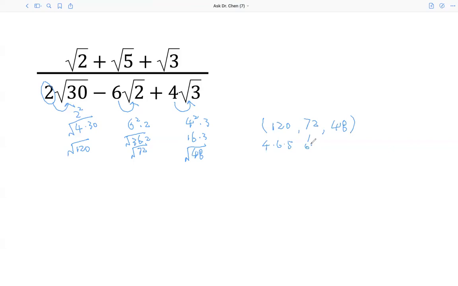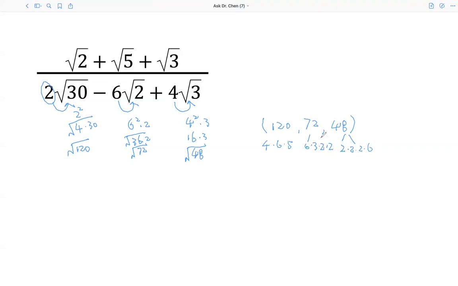Or 6 times 3 times 2 times 2. So 3 times 6 is 18, 18 times 2 is 36, 36 times 2 is 72. All right, let's see 48. 48 is 2 times 2 times 2 times 6.